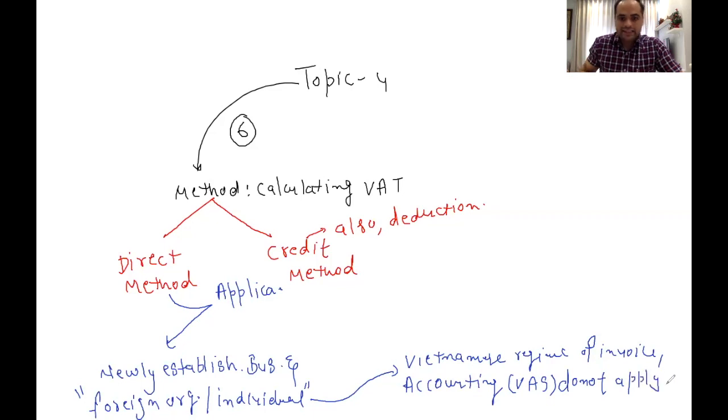That's the meaning of a foreign organization or any kinds of individuals. For a newly established business or any kind of foreign business, we apply the direct method to estimate the tax value or the tax payable, right?